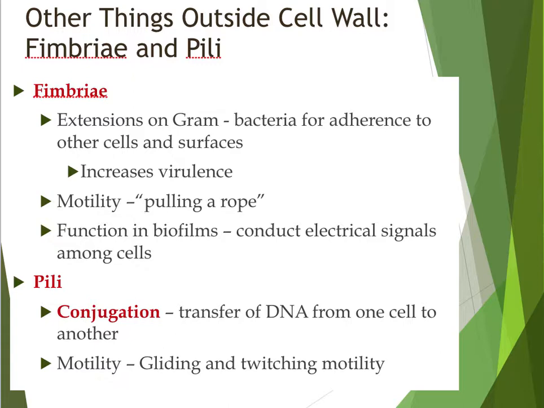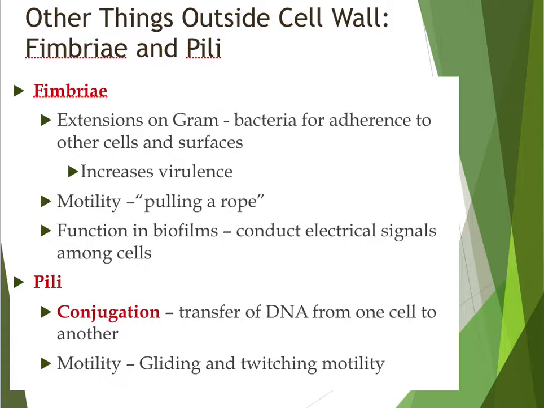The motility that they enable, and they do enable a type of motility which is similar to pulling a rope hand over hand, they are not specifically for motility. Flagella are for motility.